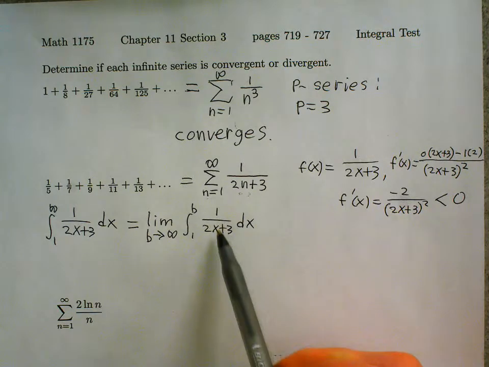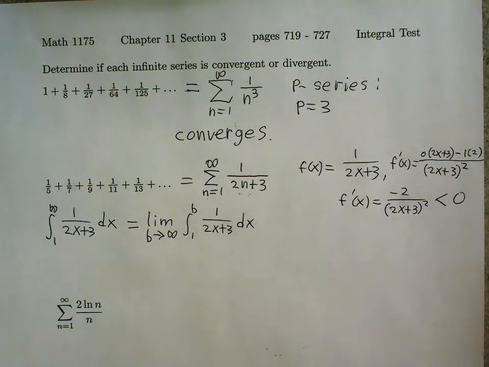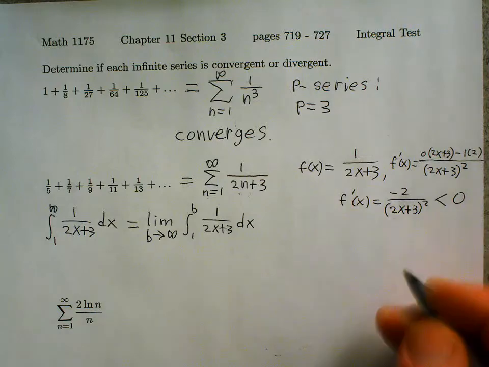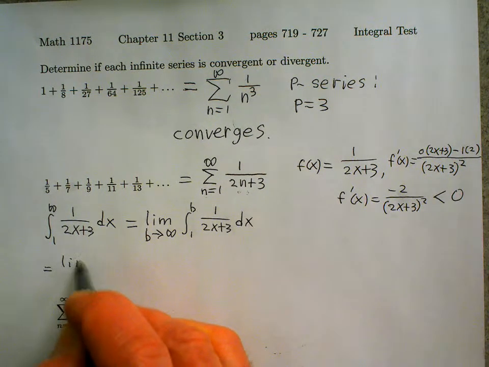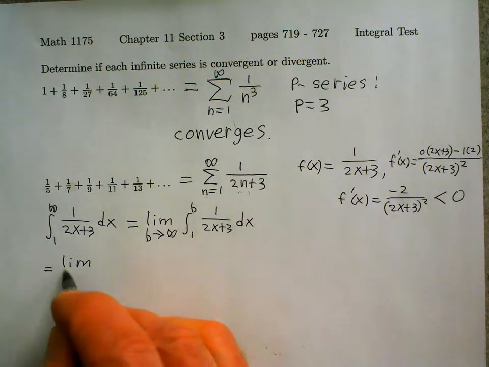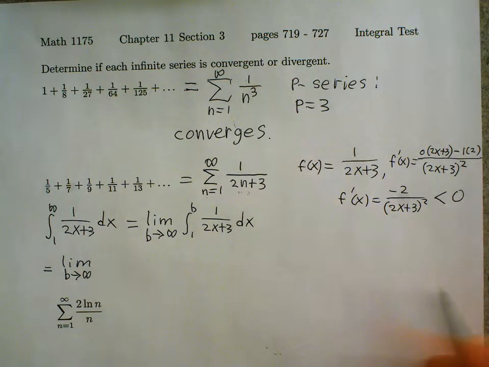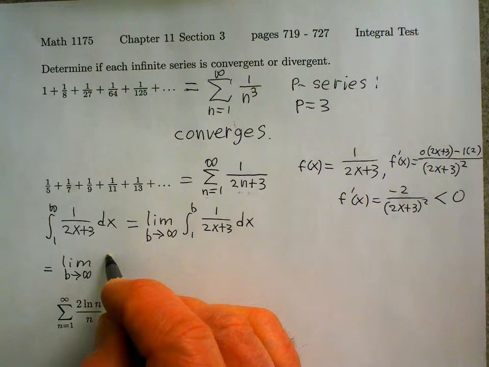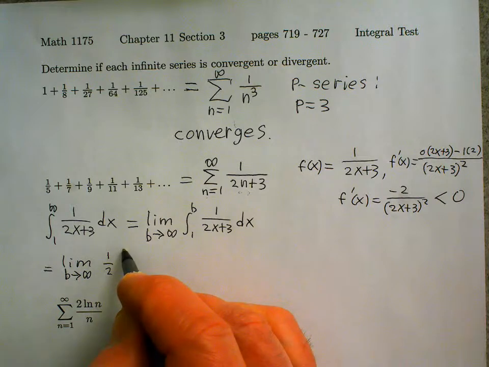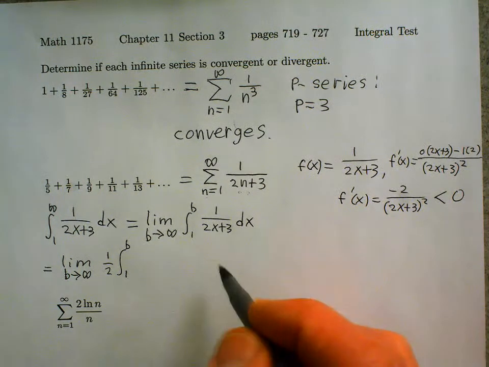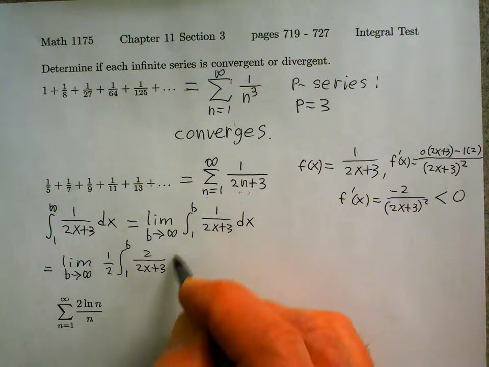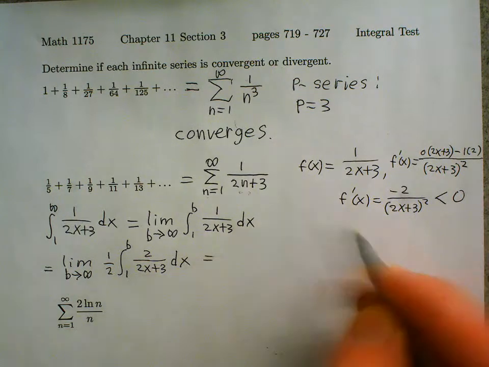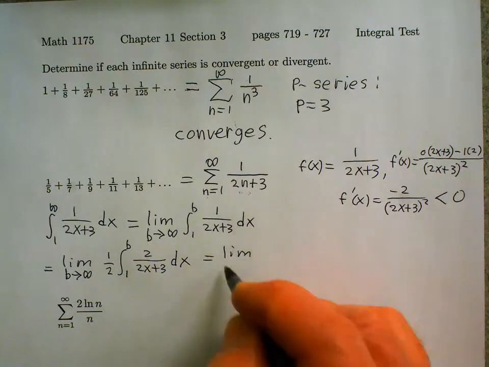If we multiply the integrand by 1 in the form 1/2 times 2, I should have done that in the previous step, so multiply the integral by 1/2 times 2, put the 2 over 2x plus 3 for the integrand, and then compute that integral.